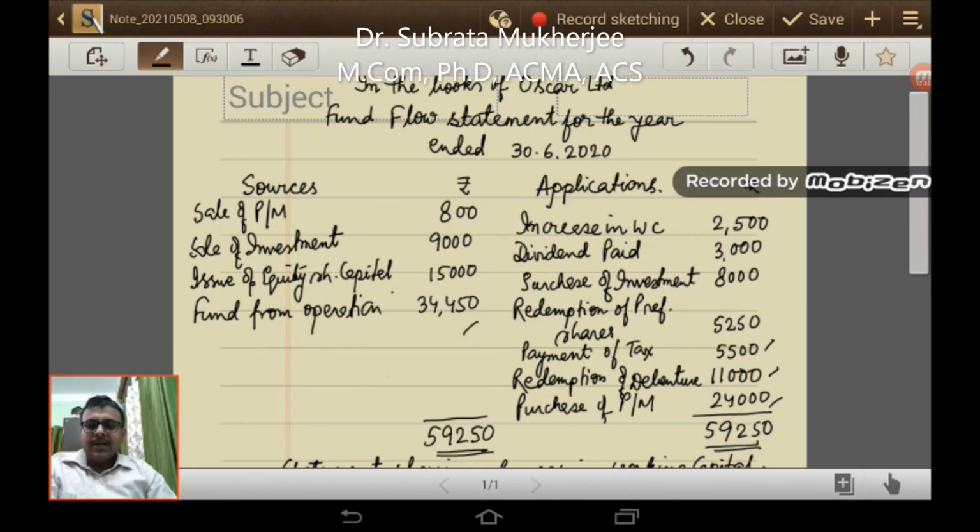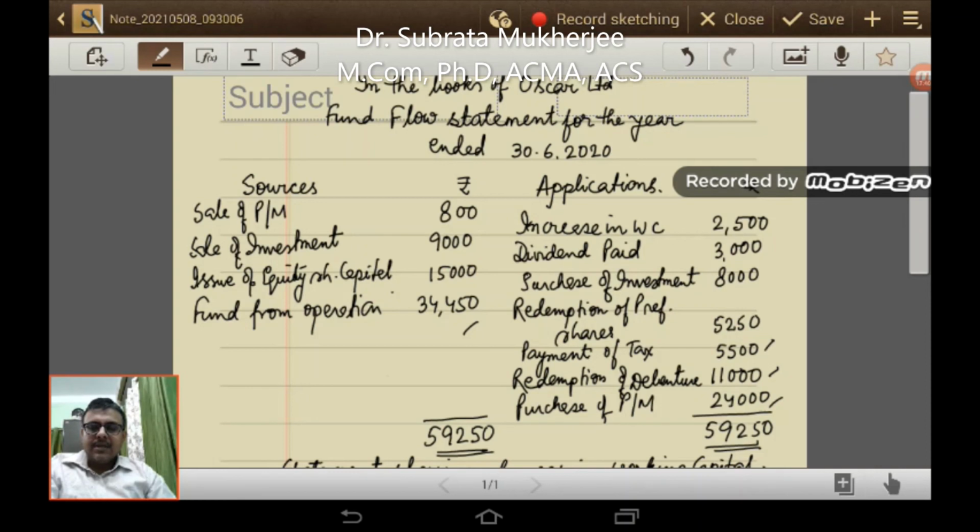Now let me tell you what are the different steps that I have adopted here to solve the problem. First, I have opened the two statements, the fund flow statement and the statement showing changes in working capital. Next, I have posted all the balances of the items given in the balance sheet in the respective ledgers. Thereafter, I have posted the journal entries of the adjustments given in additional information.